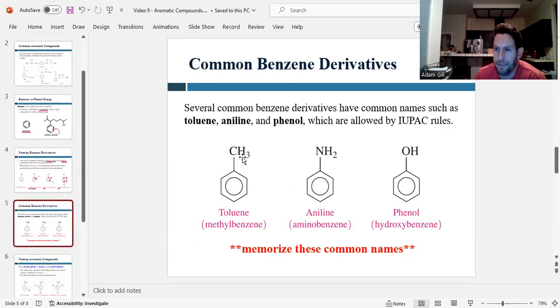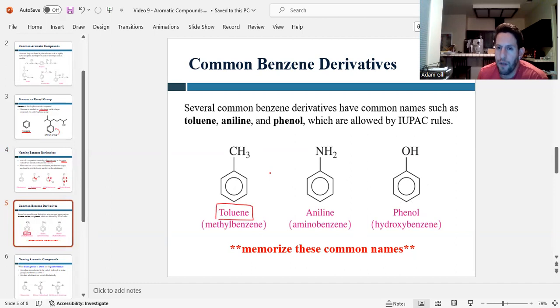Now, if this wasn't complicated enough, there are several common benzene derivatives that have common names. And these common names have been used historically. They've been known by these names for hundreds of years. And so these names were adopted by IUPAC. And so you have to memorize these common names. If you have a methyl group attached to benzene, it's known as toluene.